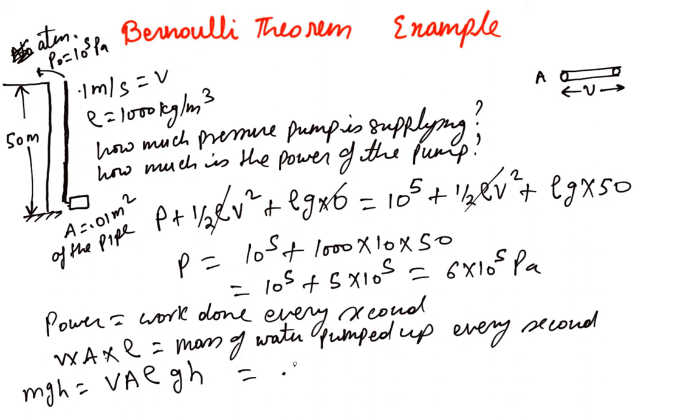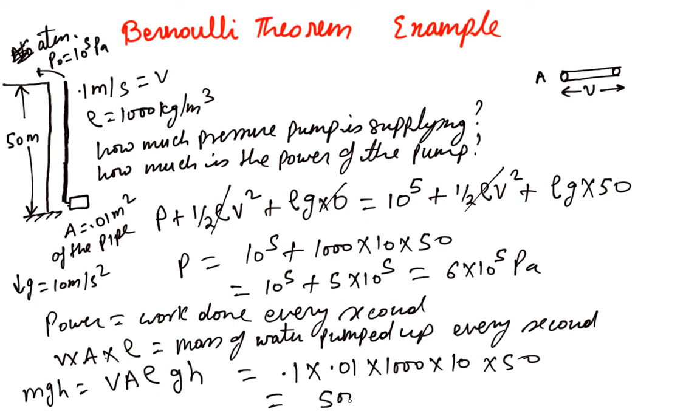V is the velocity, 0.1, A is the cross section, 0.01, rho is the density, 1000, G is the gravity, let's take it to be 10, and H is the height, which is 50, and that gives us 500 watts. Why watts? Because this is actually energy per second, because this is being done every second.